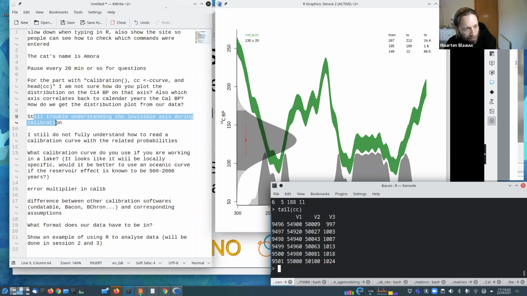Older samples will have larger absolute errors, but it also has to do with the whole run of the machine on the day the samples were measured. How stable was the machine? What were the backgrounds like? What were the standards like? Based on that, the reported error will be adapted a bit.